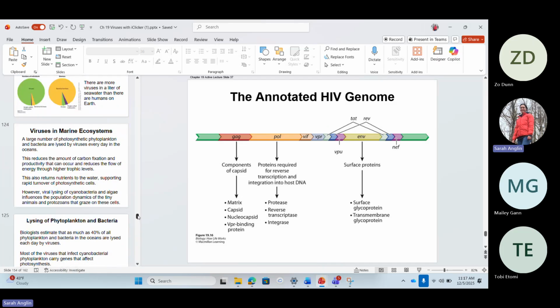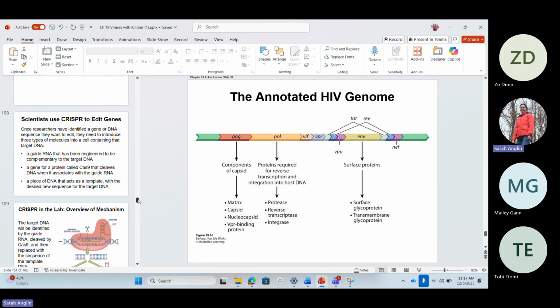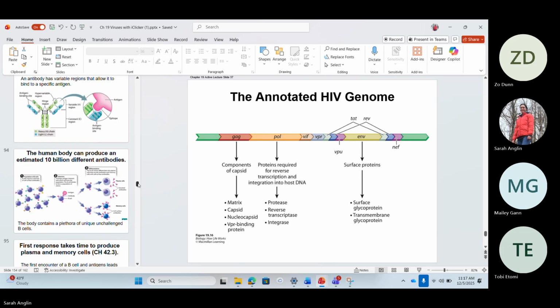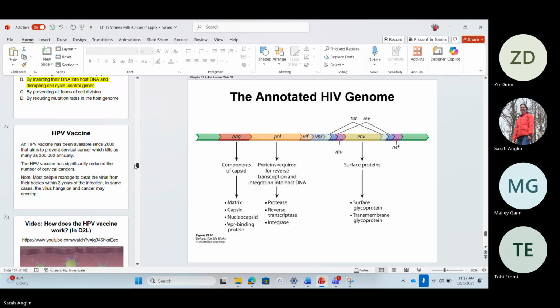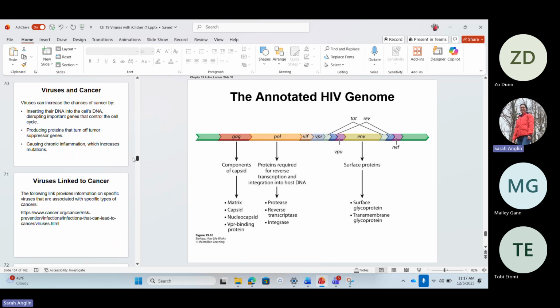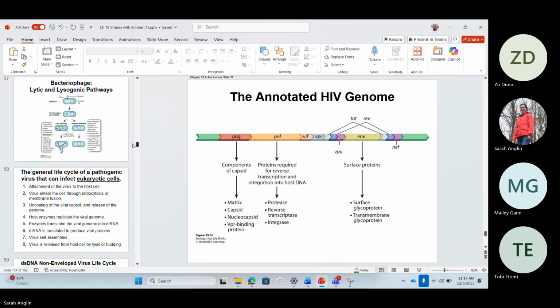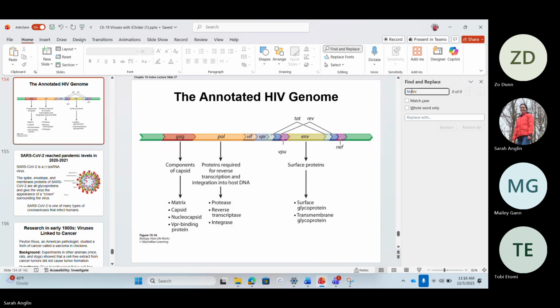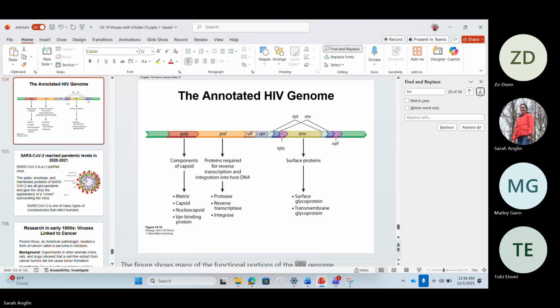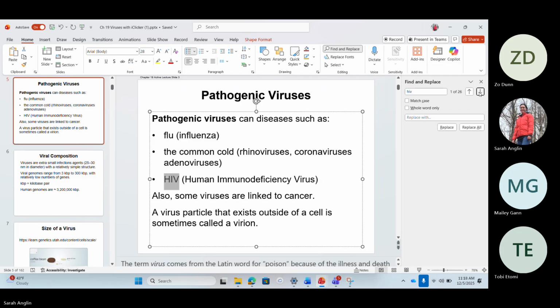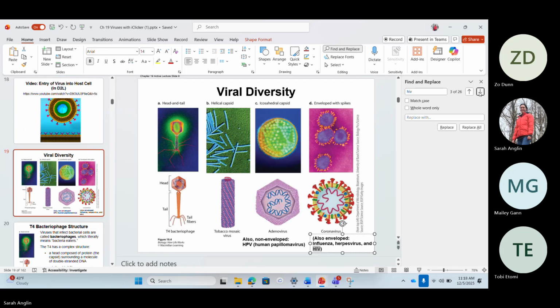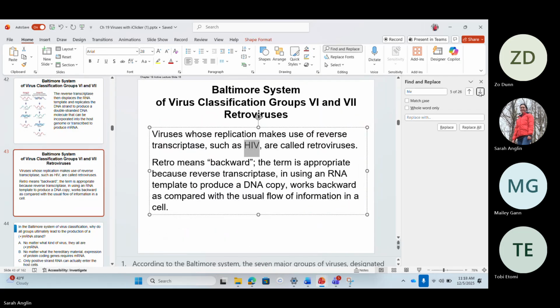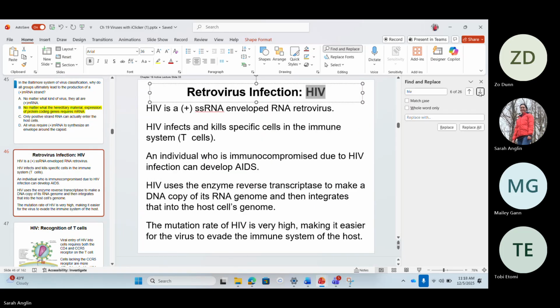These are the ones I didn't incorporate into our lecture this semester. Here, this is HPV. Did I have HIV? Here we go. This is the one I want.